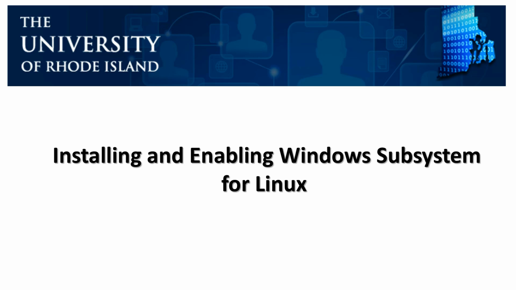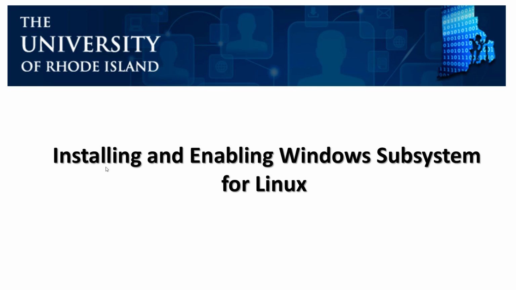And that is to really figure out how to adopt the open source platform that most of us enjoy utilizing because of the flexibility that it has to offer. So, what we're going to learn how to do today is install and enable what is known as the Windows subsystem for Linux.